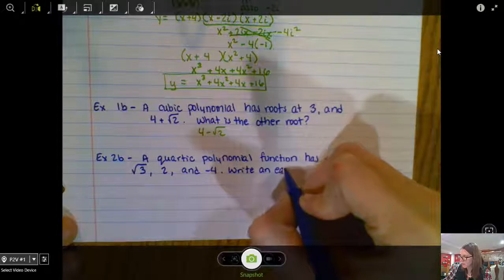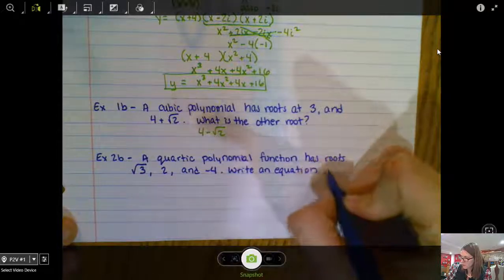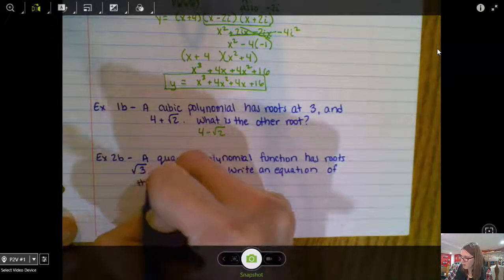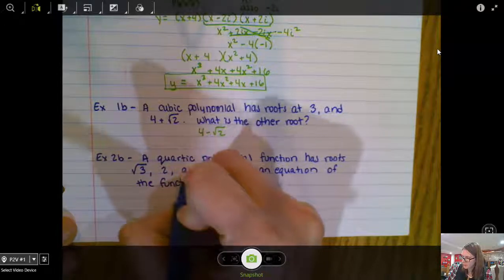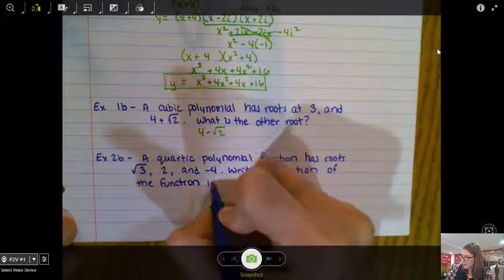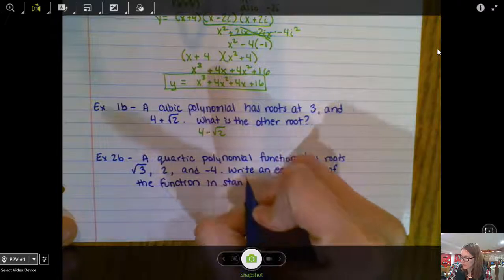Write an equation of the function in standard form.